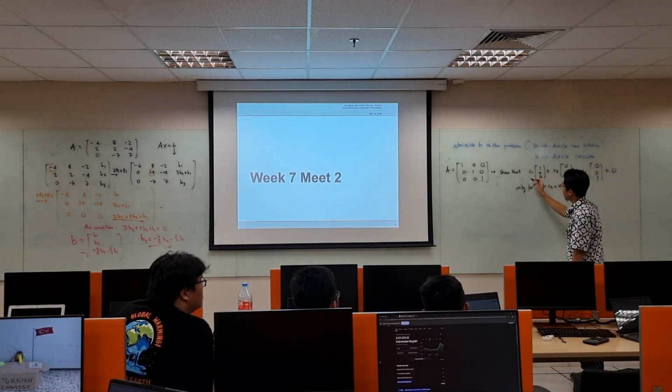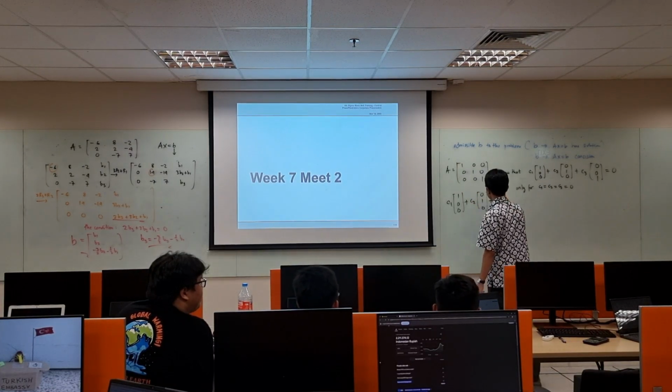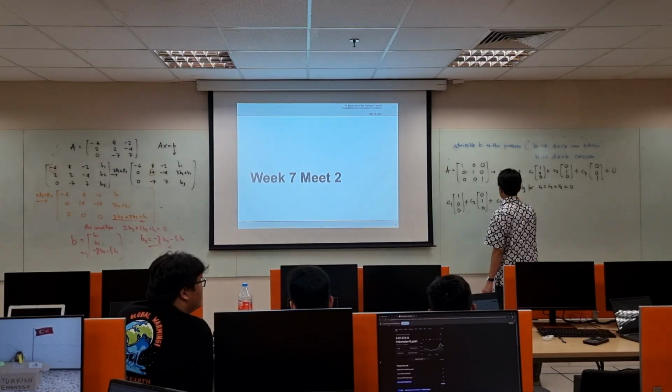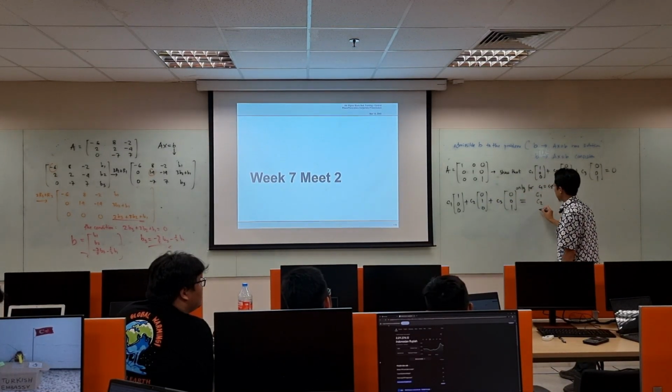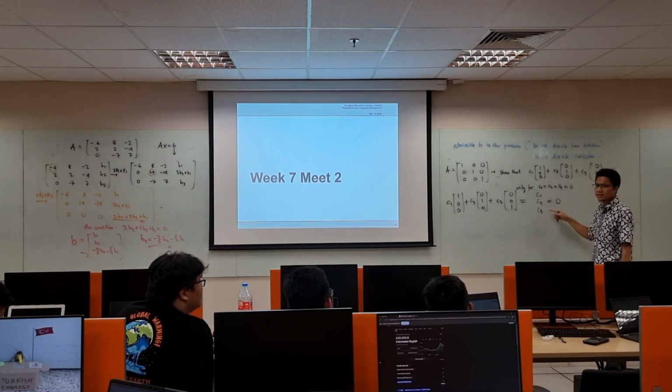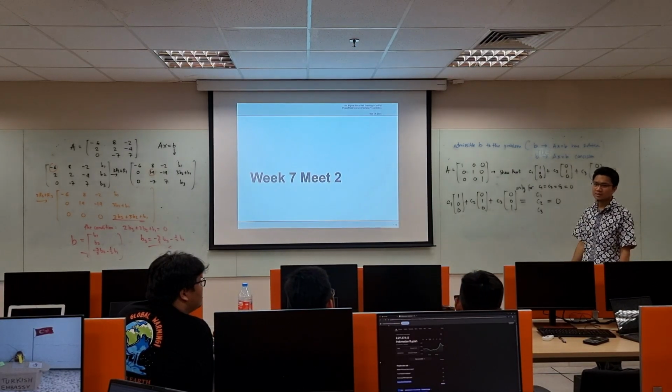So I'll write down here that C1 plus C2 plus C3, this is equal to C1, C2, and C3. So the only solution to this is just C1, C2, and C3 equal to 0.